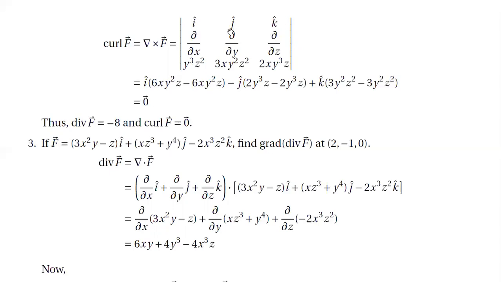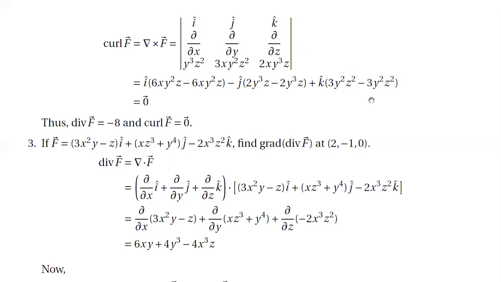Minus j into, leaving the second column and the top row, dou by dou x of this term will give you 2y cube z, minus dou by dou z of this particular term will give you 2y cube z. So 2y cube z and 2y cube z will cancel, you get minus 0j, plus k into, leaving the third column and the top row, dou by dou x of this term will give you 3y square z square, minus dou by dou y of y cube z square will give you 3y square z square.